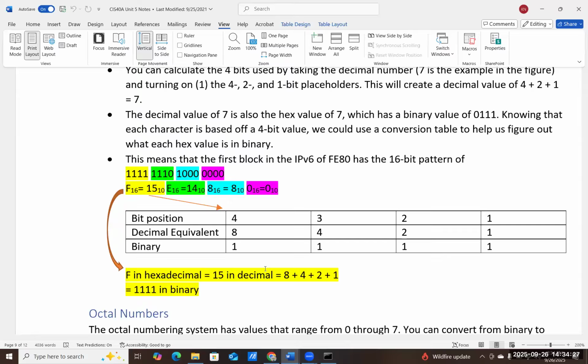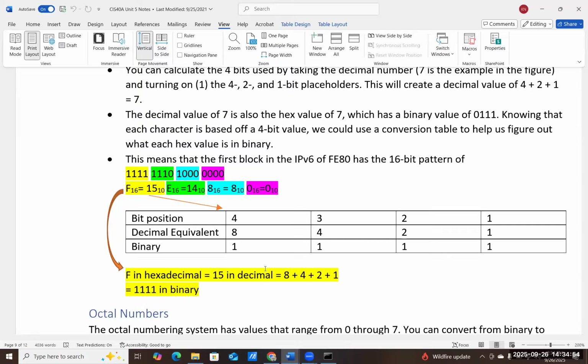F is 15 in decimal, right? If you look at the table, 1, 2, 4, 8, we don't care about the rest because we only care about the first 4 bits. Remember the scale from last week? We only worry about half of a byte. So multiples of 2: 1, 2, 4, 8 is your decimal equivalent.